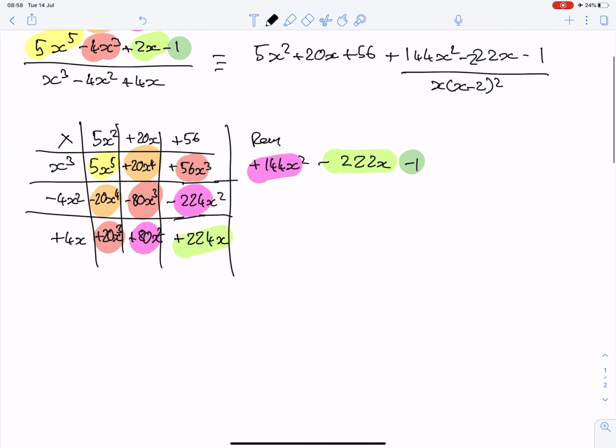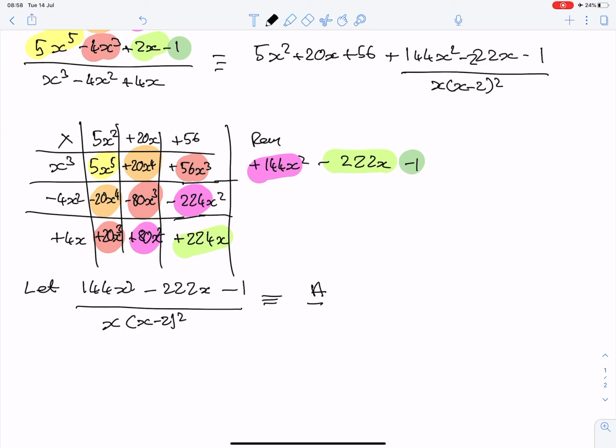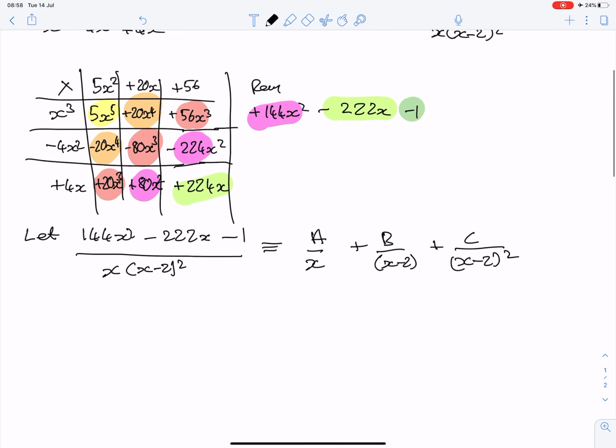So now we're going to do the partial fraction bit. Let 144x squared minus 222x minus 1 over x times x minus 2 squared be identical to a over x plus b over x minus 2 plus c over x minus 2 squared.